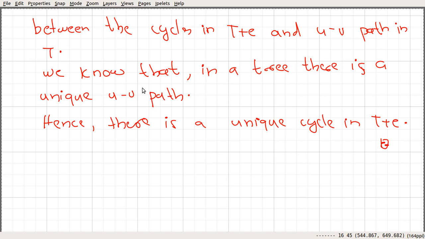Since the path between U and V is unique, the cycle that includes that edge must also be unique. So there is a unique cycle in T plus E. Okay, and that's it.